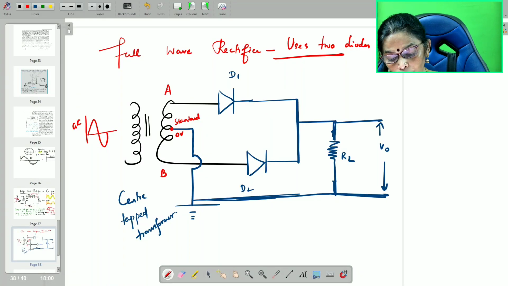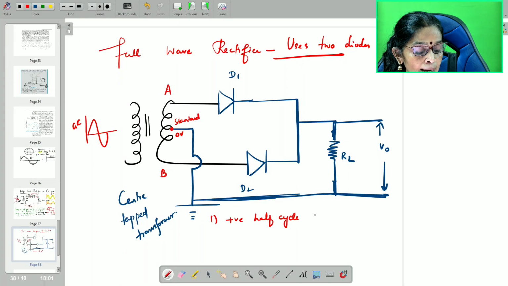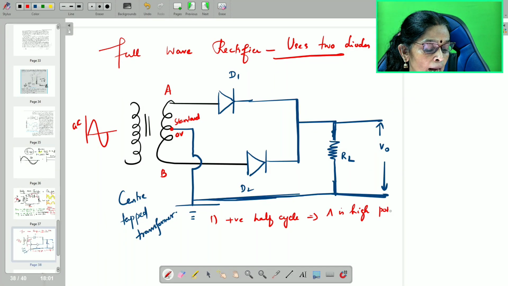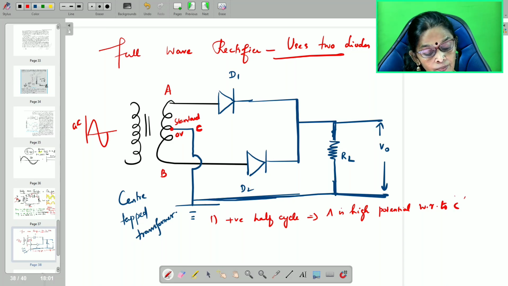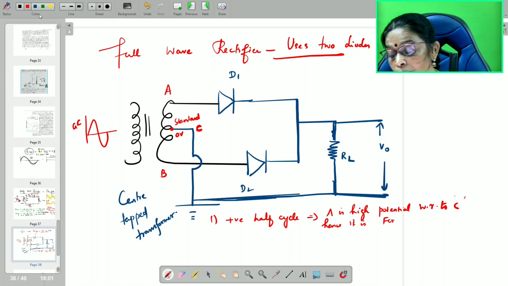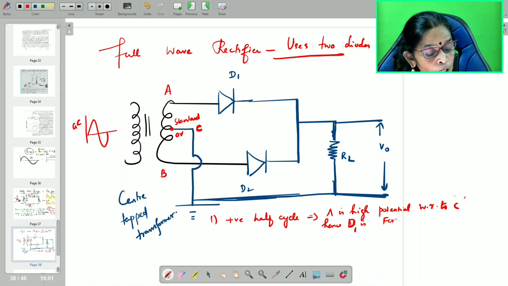So, now during the positive half cycle, end A is at higher potential with respect to the center tap, with respect to C, you write. End A is at higher potential with respect to C, hence it is forward bias. Which is forward bias? D1. Hence D1 is forward bias.